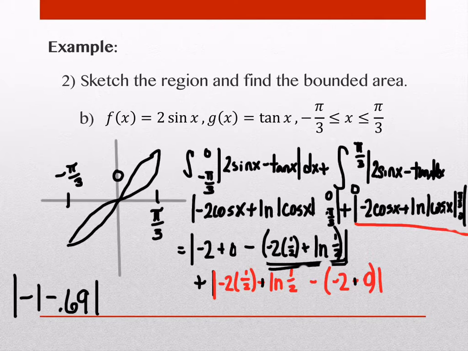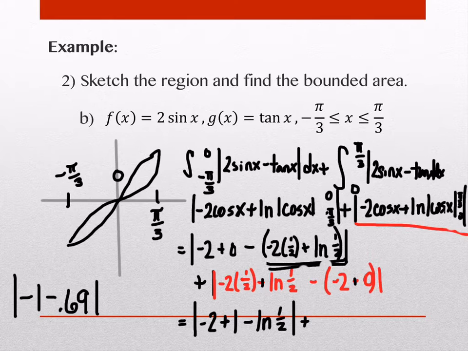Okay. On the first part, I have -2, and then I have minus a -2 times 1/2, so this is plus a 1. Did I get that right? And then I have minus the natural log of the 1/2. So -2 plus 1 minus natural log 1/2.